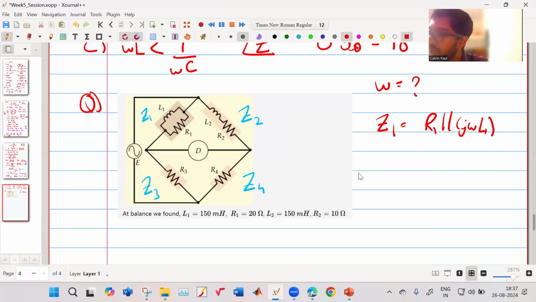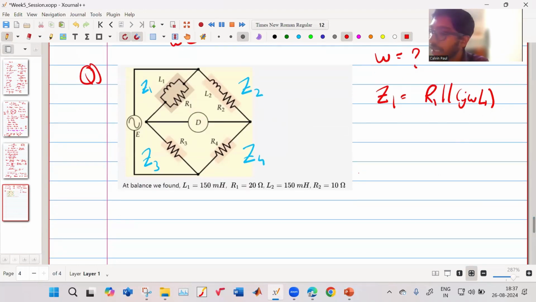Now at balance condition, what will happen? Z1 into what? Z4, sir. Z1 into Z4 is equal to Z2 into Z3. If you notice, Z4 and Z3 both are resistors.